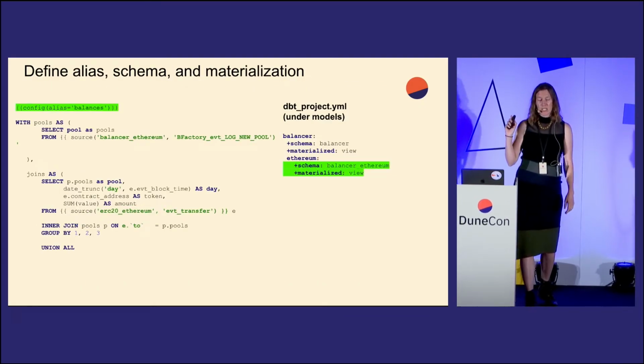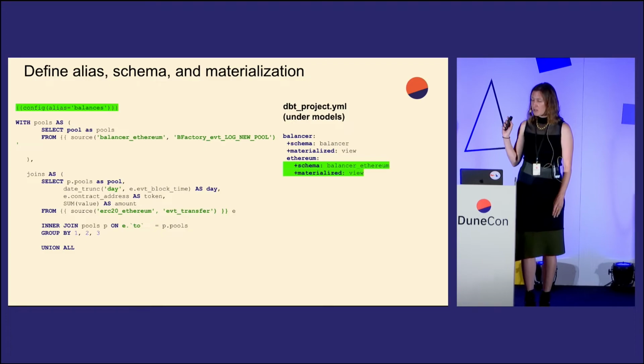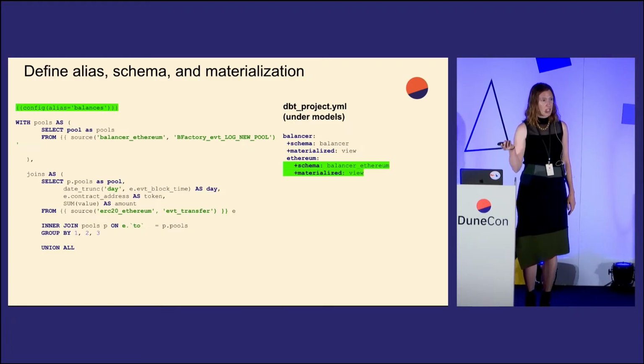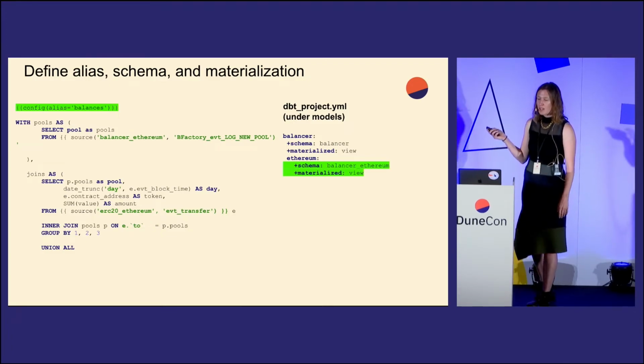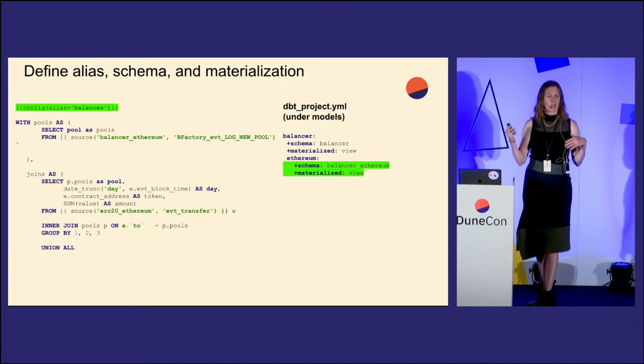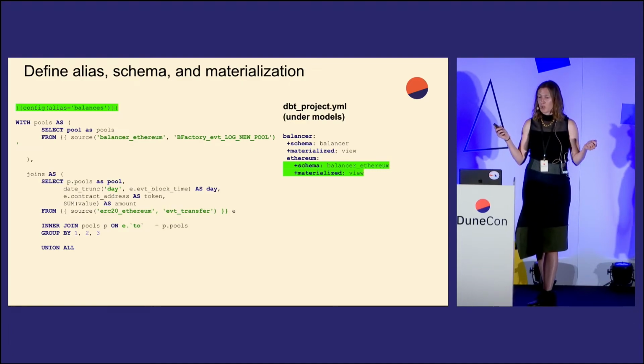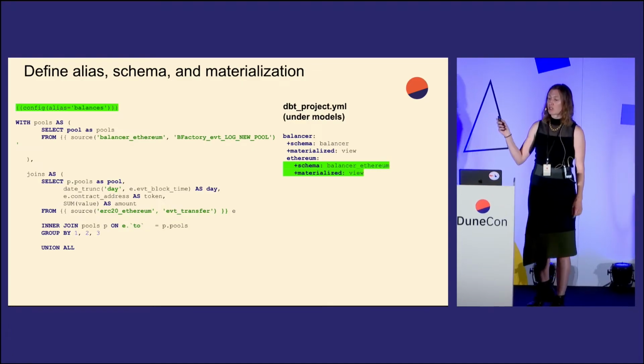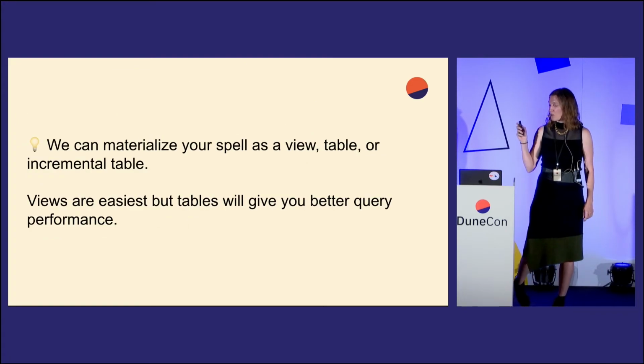And then we're at the end of this process. We're really just defining the alias, which is the name of the table, the schema, and the materialization. So back when we deleted all that index stuff and create materialized view, all we're doing to replace that is this single line, materialized view. If you had wanted to make a table, it would just say table.